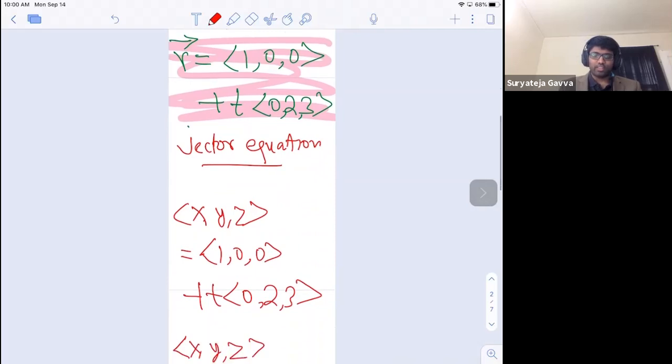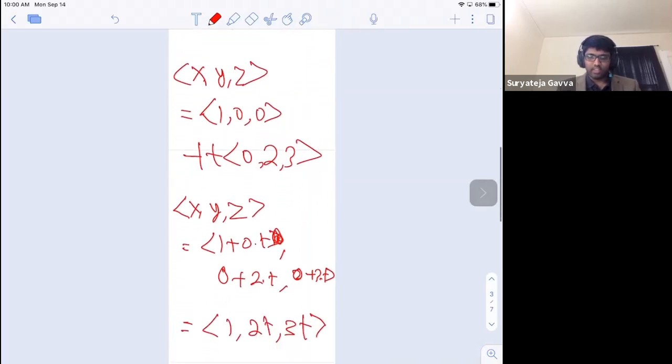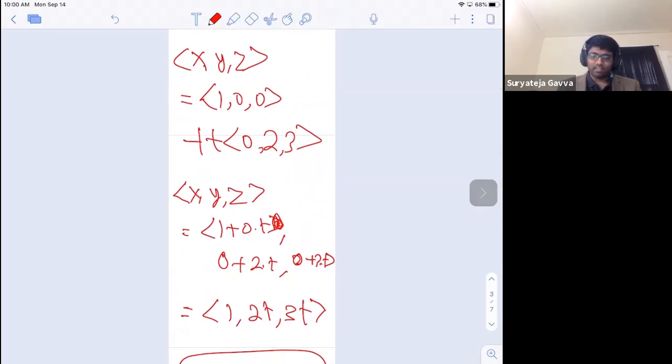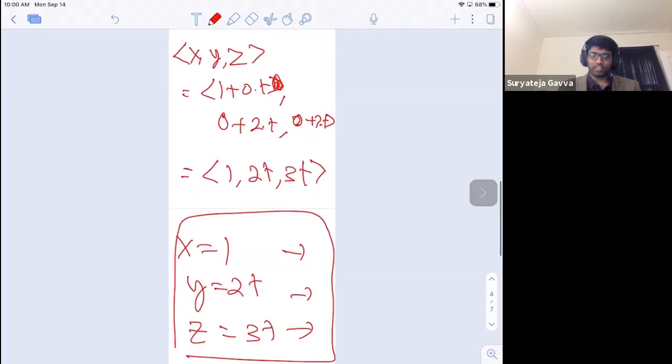Then (x, y, z) equals (1, 0, 0) plus t times something. Expand it out, and compare the first, second, and third coordinates. x will be 1, y equals 2t, and z equals 3t. Okay.